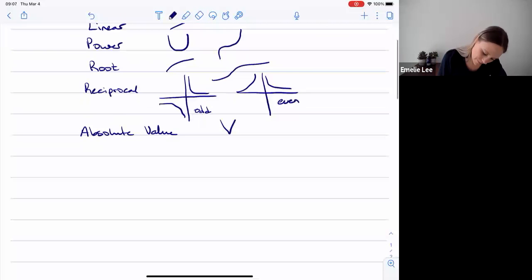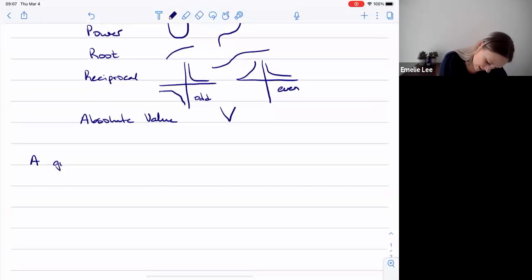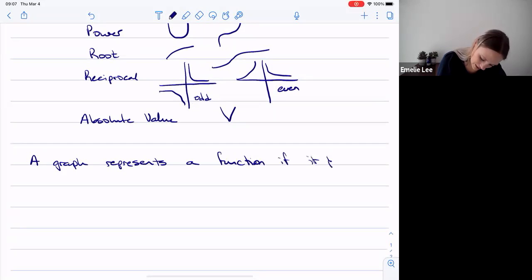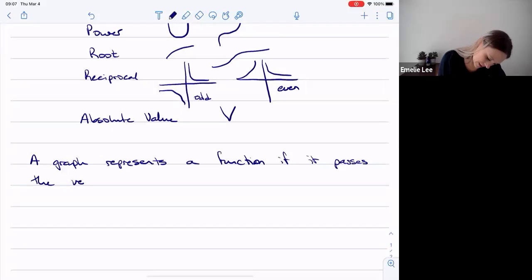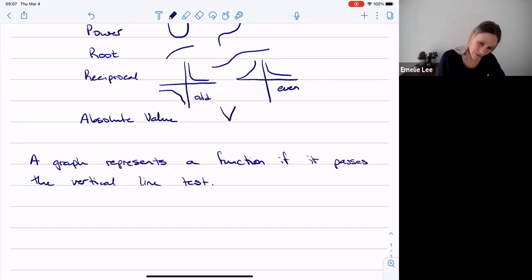So a graph represents a function if it passes the vertical line test, meaning if we can draw a vertical line at any point and it only intersects the graph once.